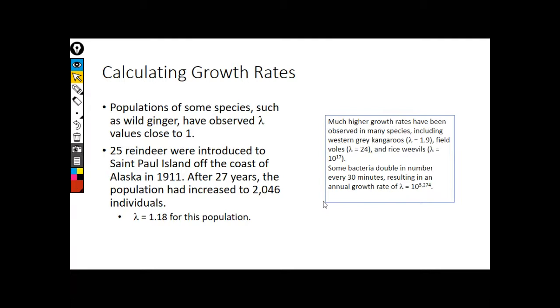Okay, so let's look at some of these growth rates then. Some of these species generally have no growth. Remember for lambda, our baseline is 1, right?